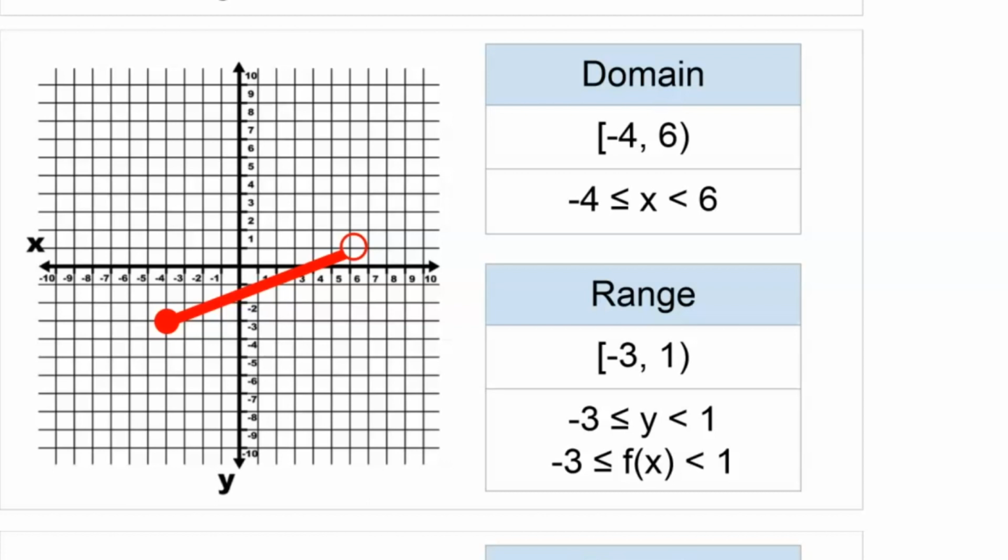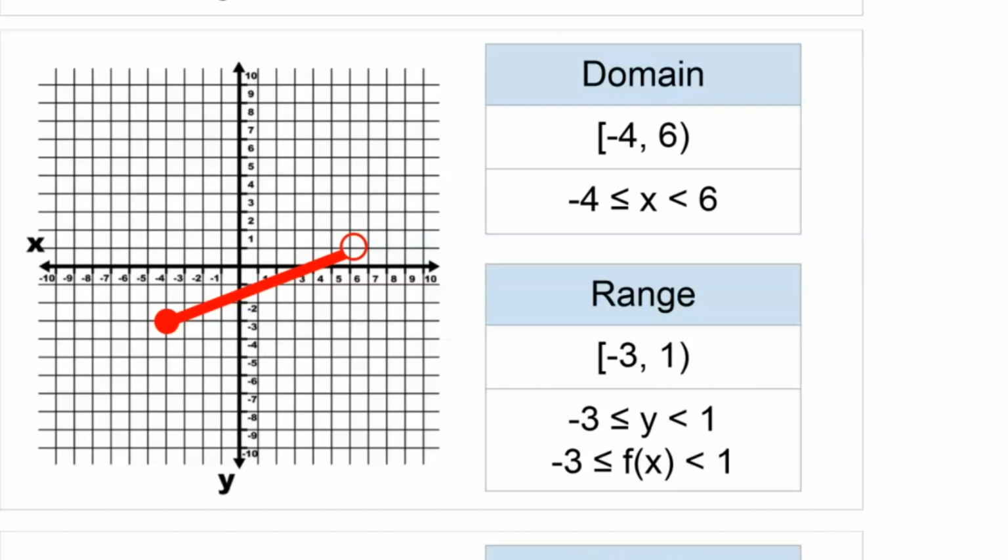And then the range is going from bottom to top. So now we're looking at the numbers on the y-axis. So at the very bottom, it goes down to -3, and it is equal to -3. And then going up to the top, it goes up to 1, and it does not equal 1. So again, there's those notations there, and then the one is in function notation with the f of x.